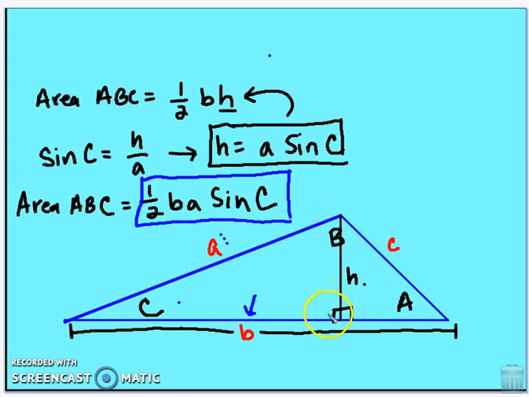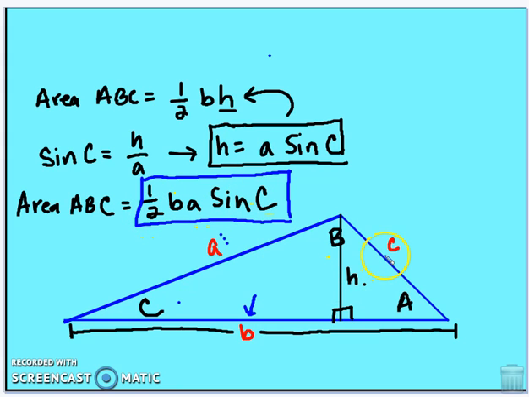Drawing the altitude here, with length h, I take the sine of C and I end up with h over a. So sine C equals h over a, which I can rewrite as h equals a sine C. Substituting a sine C for h, we end up with the area of triangle ABC, which is not necessarily a right triangle, is 1/2 b a sine C.